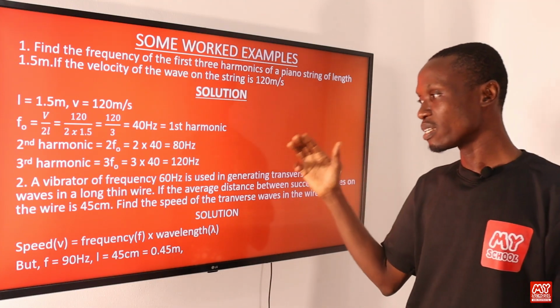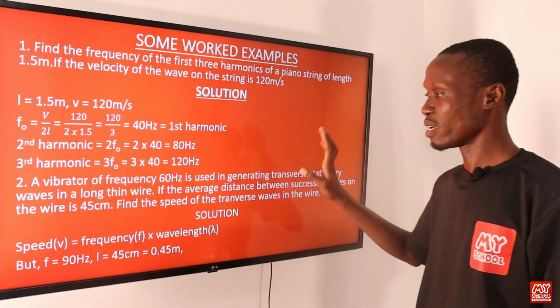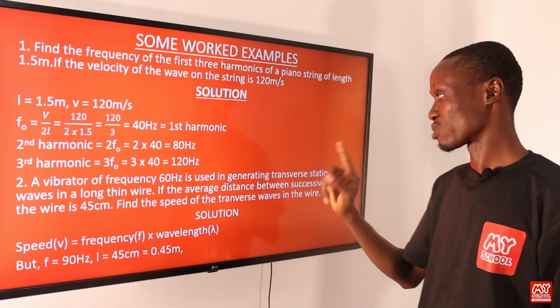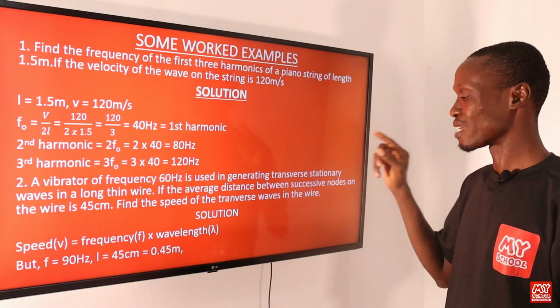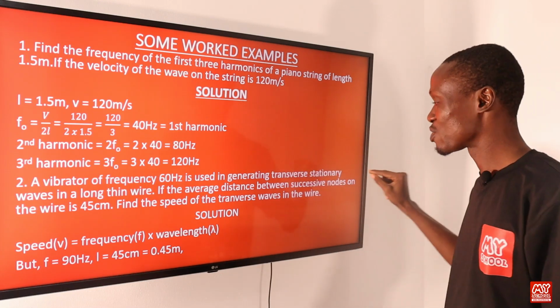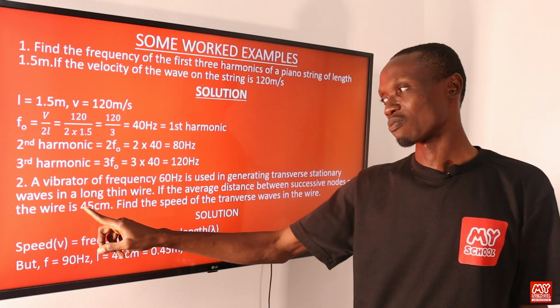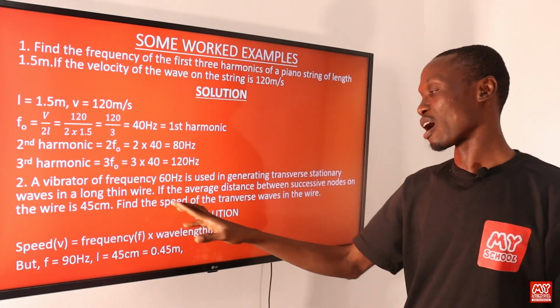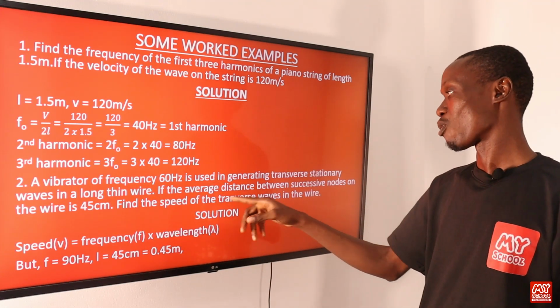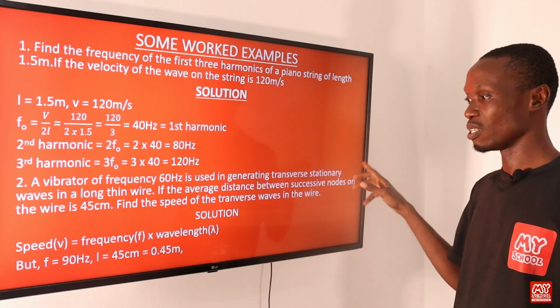So basically what they are telling us here is that the frequency is equal to 60 hertz, and the length is equal to 45 centimeters. We are asked to find the speed of the transverse waves in the wire.